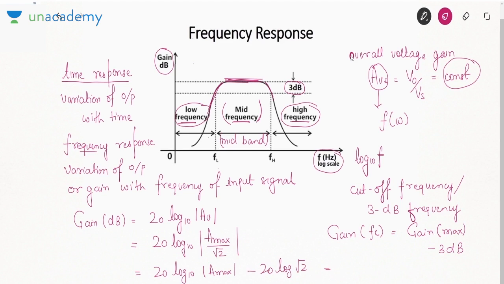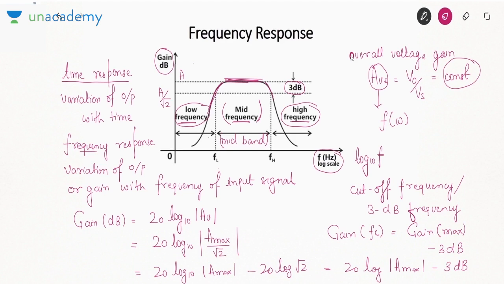So this will come out to be 20 log maximum gain minus 3, since 20 log root 2 is 3. That means where the gain becomes maximum by root 2, in dB it reduces by 3 dB. So you can also say if this gain is A, this is A by root 2. So at 3 dB frequency, the gain becomes 1 by root 2 times the maximum gain.